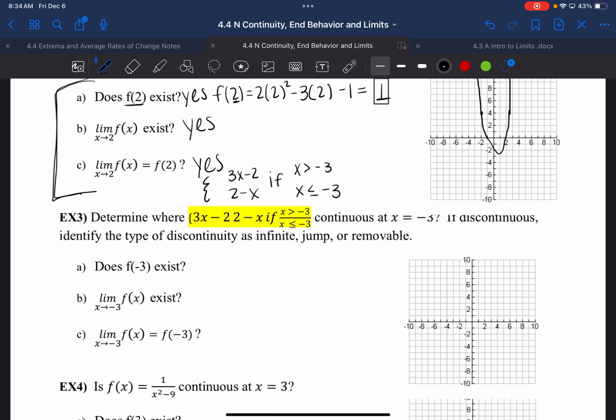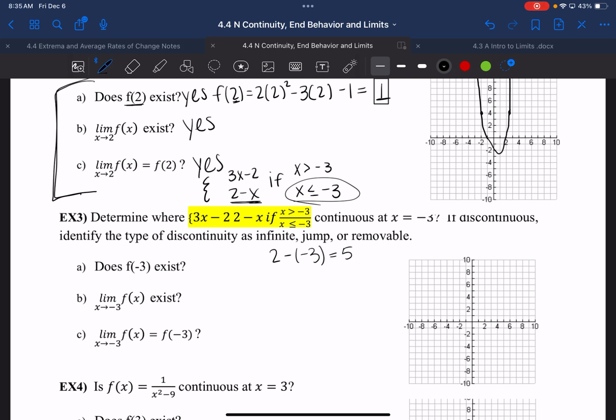Okay, so I would need to substitute -3 into our function. So that would probably mean most likely I need to plug it into this bottom one, right? Because this one says less than or equal to -3. But I am checking for discontinuity on the entire graph, so I'll plug it into both just to be sure. All right, so here, 2 minus -3 would give us 5.